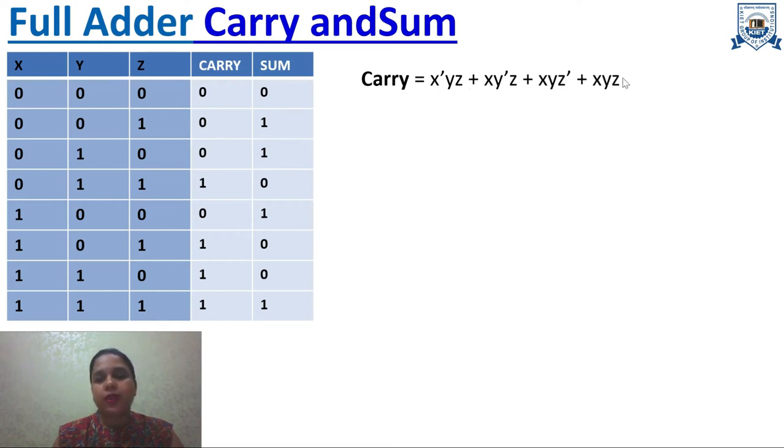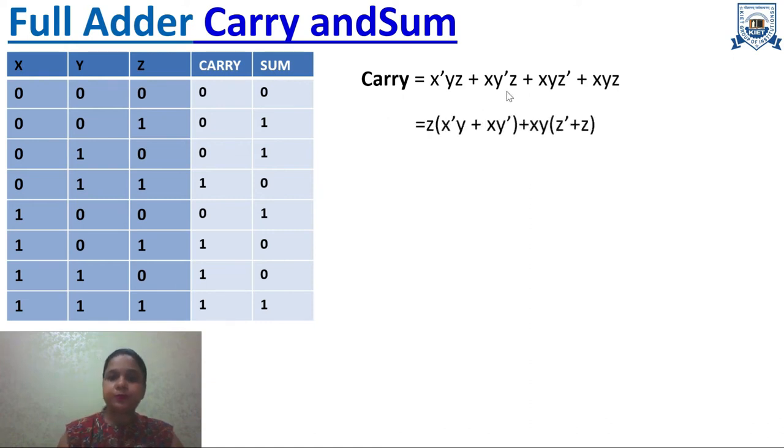So this Boolean expression is generated with the help of this truth table. Now we need to reduce this. From these two Boolean expressions, z is taken common, so it will be x bar y plus x y bar. It is written over here.